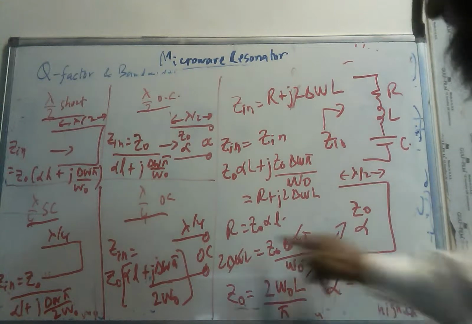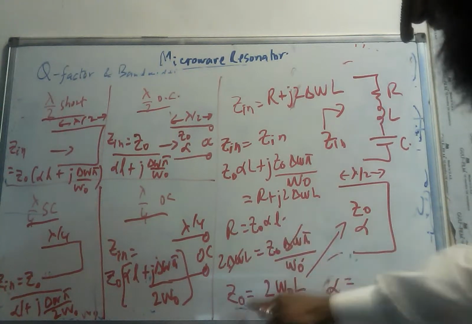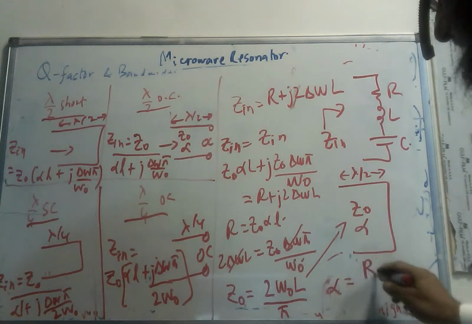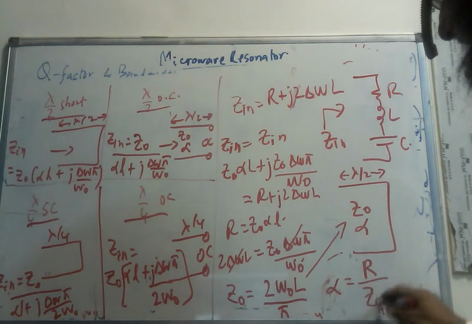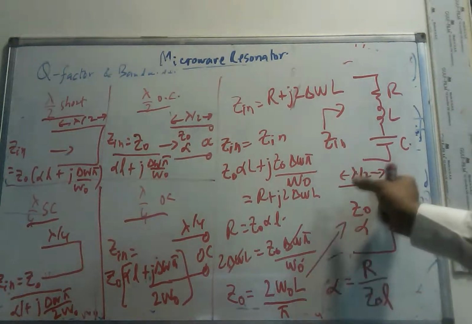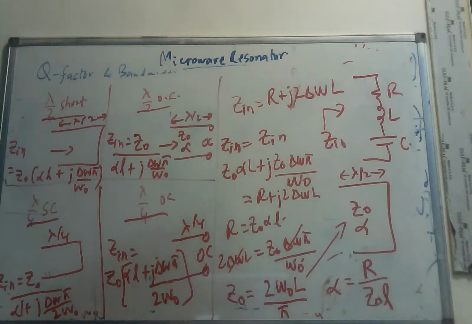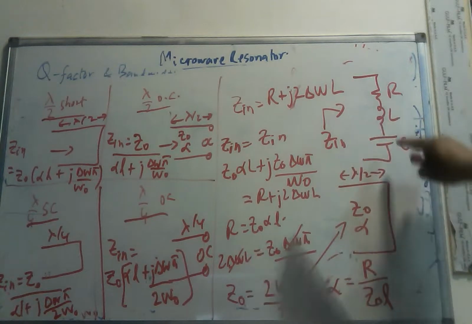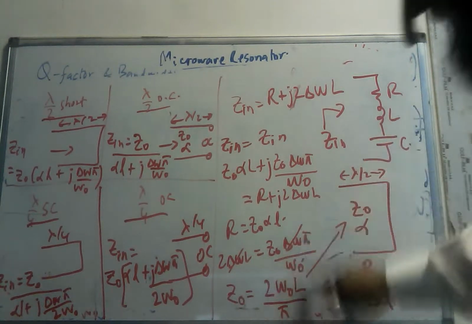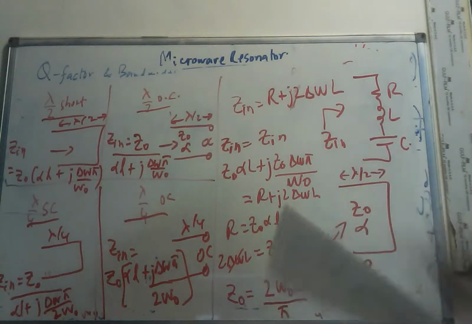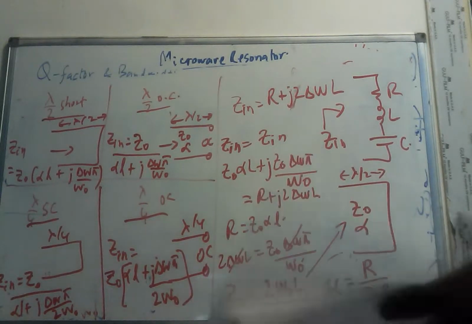Alpha comes from here. I calculate Z naught and then I put it here, so it will be R divided by Z naught, multiplied by L, which is the length of the transmission line in meters. All right. So I can prove that this is correct by applying these rules and finding the impedance, and then I can put it into the nsoft and find the equivalent.